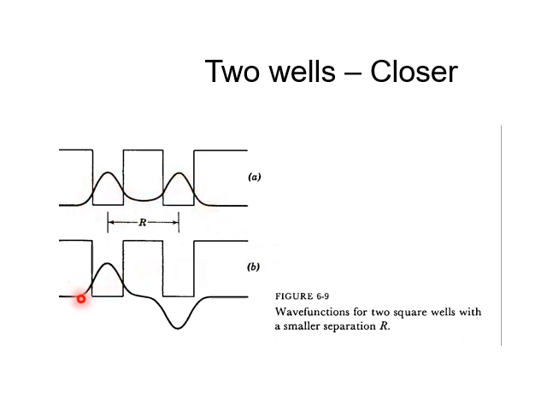Whereas the antisymmetric case, antisymmetric about the center between the two wells, goes to 0 between the two, and then is flipped with the opposite phase on the other square well. So now the symmetric and antisymmetric wave functions, when squared, actually look different. Okay, this one goes to 0, that one does not.